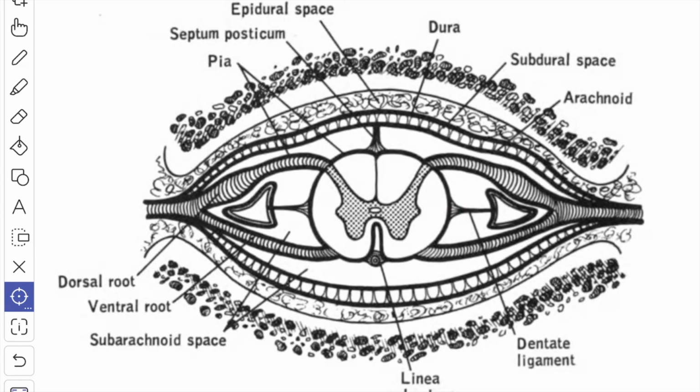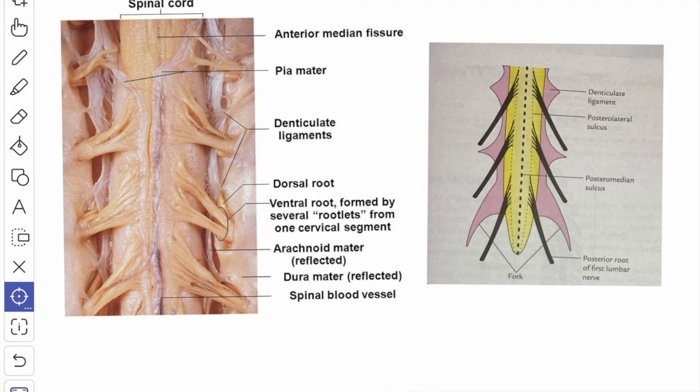The lateral margin of each band presents 21 tooth-like processes which pierce the arachnoid mater and attach to the inner surface of the dura mater between the points of emergence of the spinal nerves. The ligamentum denticulatum helps to anchor the spinal cord in the middle of the subarachnoid space. In this picture you can see the ligamentum denticulatum.